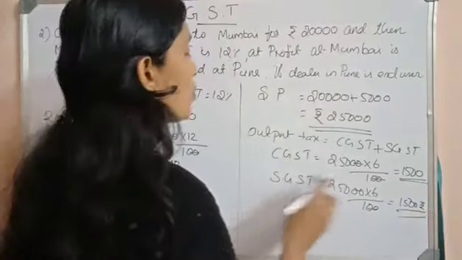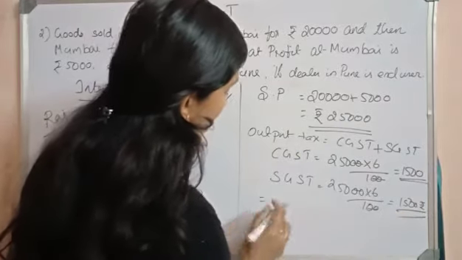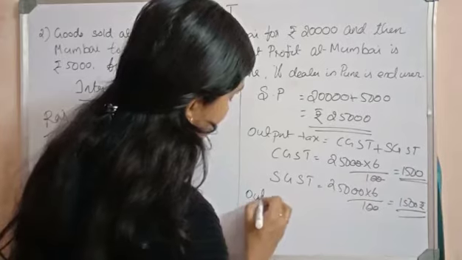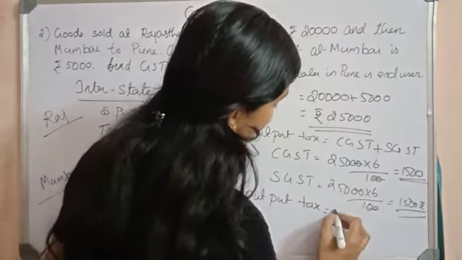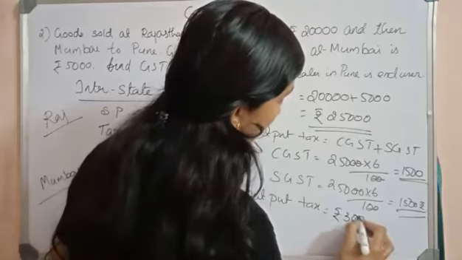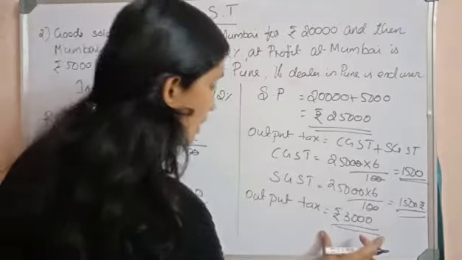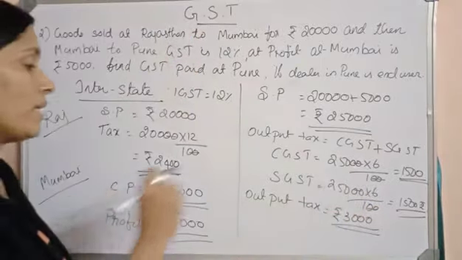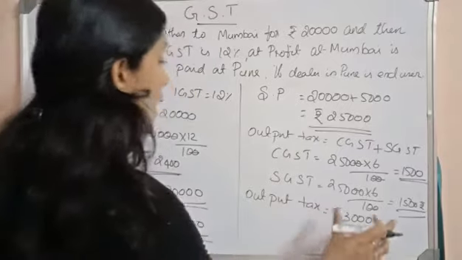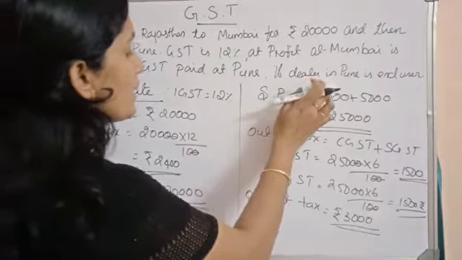So we got the total tax. The output tax is equal to 1500 plus 1500, and that is equal to rupees 3000. We have to add the CGST as well as the SGST to get the total GST paid at Mumbai. Here, this is the output tax, and this output tax is same as the input tax for the dealer in Pune.